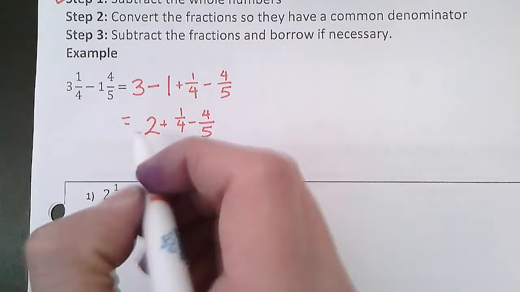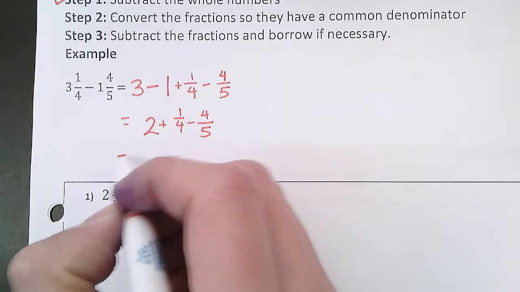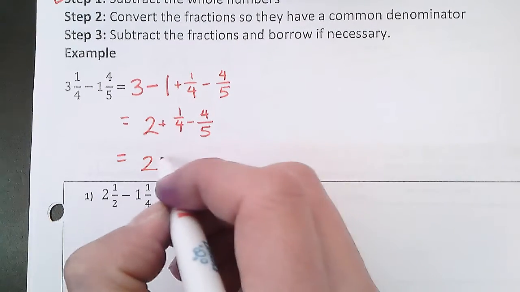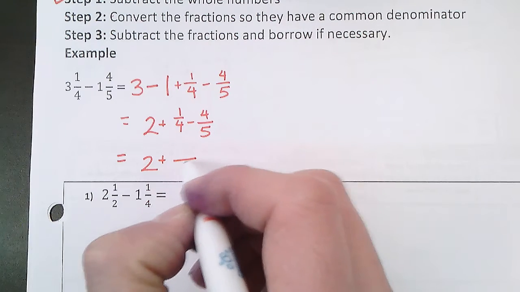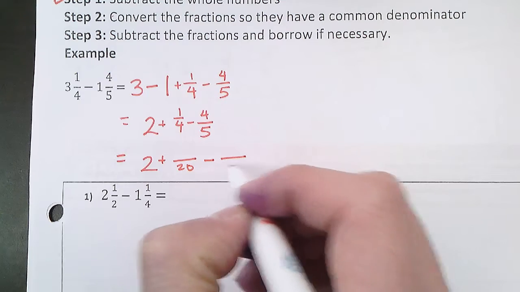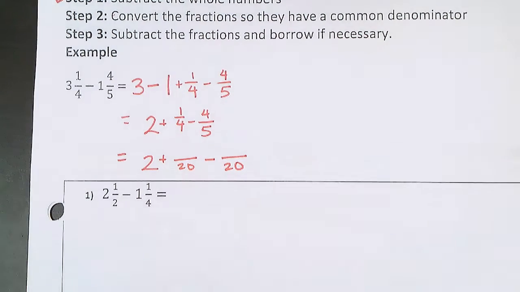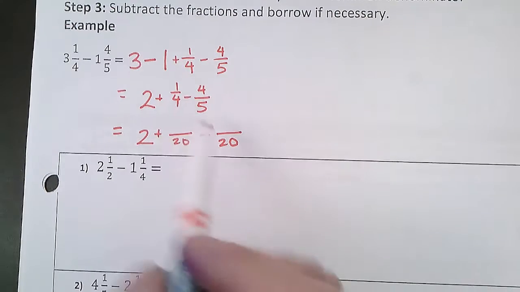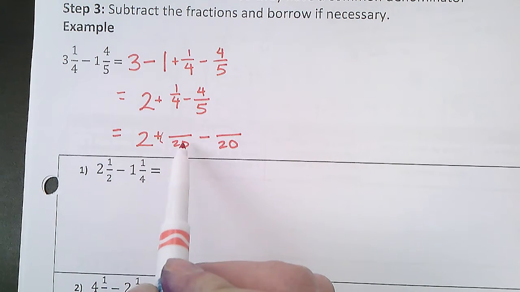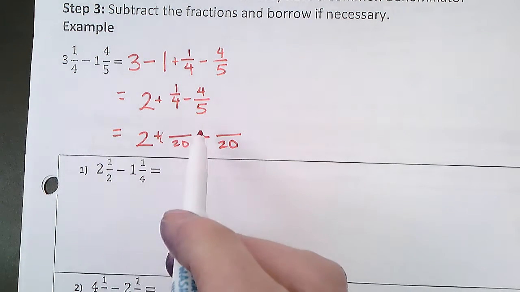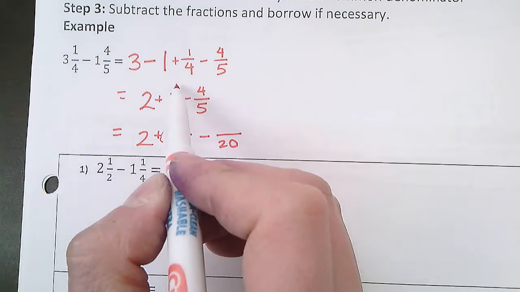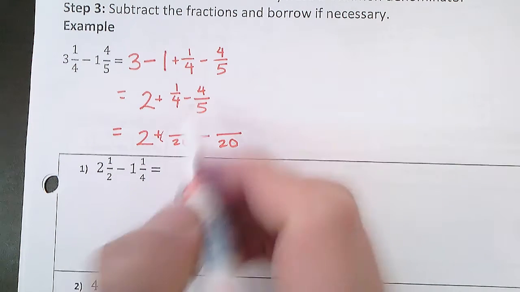So I know that I ultimately want to get it so it's 2 plus something out of 20 minus something out of 20. And I look, 4 times what equals 20? 4 times 5. So if I multiply 4 times 5 to get 20, I also have to multiply 1 times 5 to keep it equal.